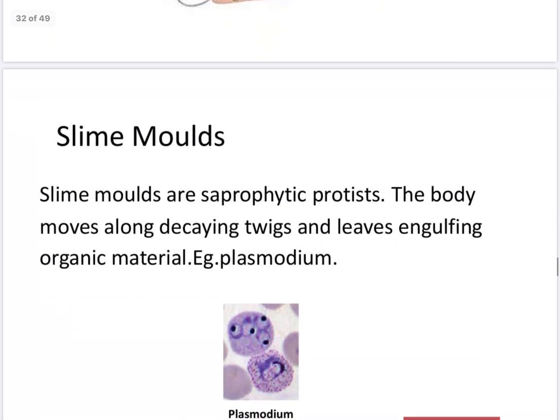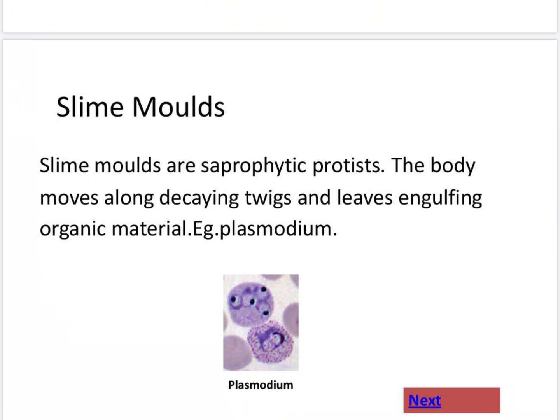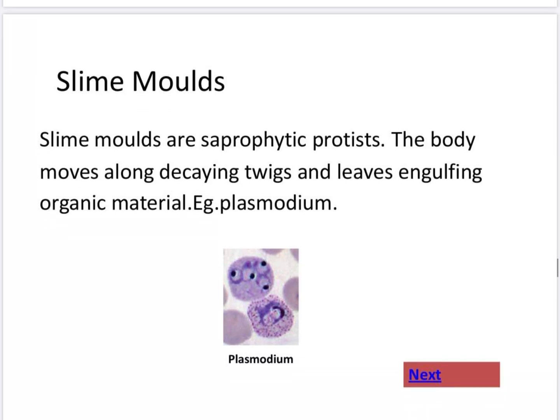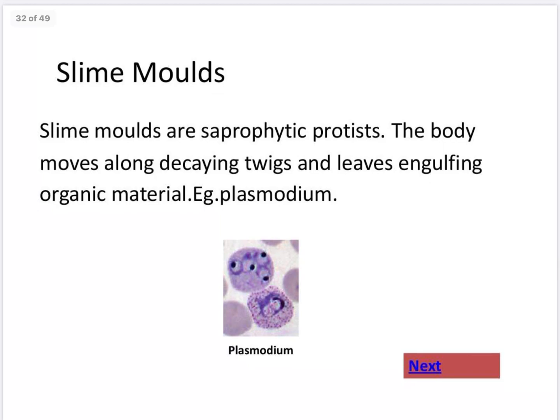Now we come to the next group, slime molds. Slime molds are saprophytic. The body moves along decaying twigs. So it eats the dead and decaying matter, engulfing organic matter, which is very useful for us.